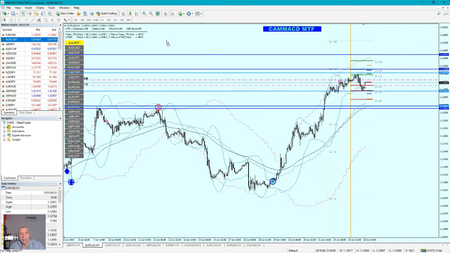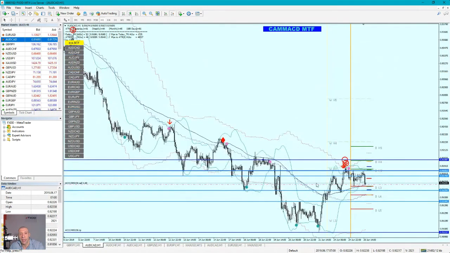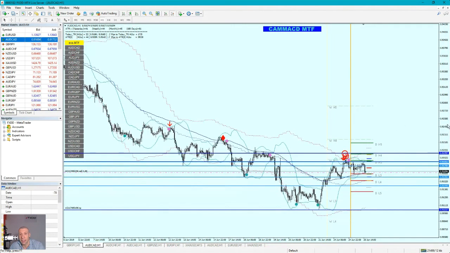Another trade is the Australian dollar CAD, and the Australian dollar CAD is rejecting. Basically, the price is in confluence with a head and shoulders pattern. This is the head and shoulders here, and you can see the left shoulder, the head, the right shoulder, and the price is currently rejecting from the top of the right shoulder.